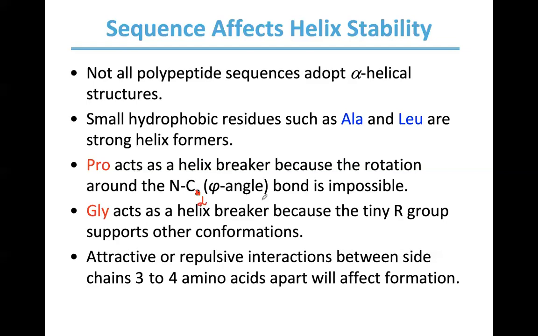Because it's constrained to a ring. But there's another reason why proline is a bad amino acid to form an alpha helix. Can you think of another reason? So the rotation is absent, right? So it cannot adopt the right angle, cannot adopt the -47. What else? It induces kinks.